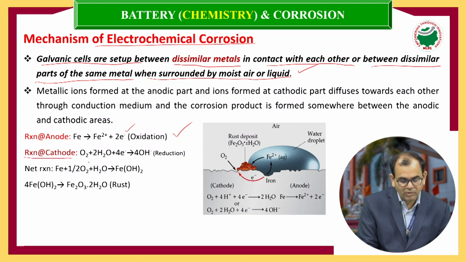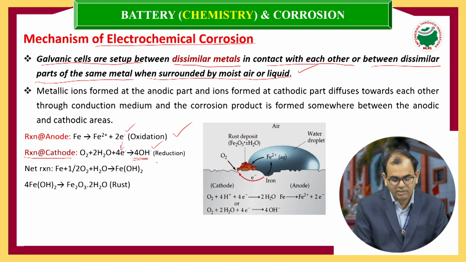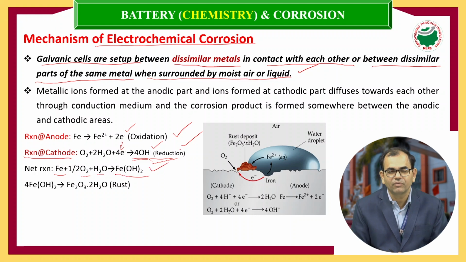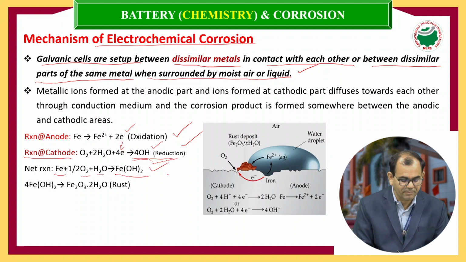Reaction at the cathode: oxygen, atmospheric moisture, and this electron gained here, followed by the OH minus ion, hydroxyl ion, that is reduction, gain of electron. Net reaction: iron plus oxygen plus water gives rise to ferrous hydroxide, Fe(OH)2, as we have seen earlier.